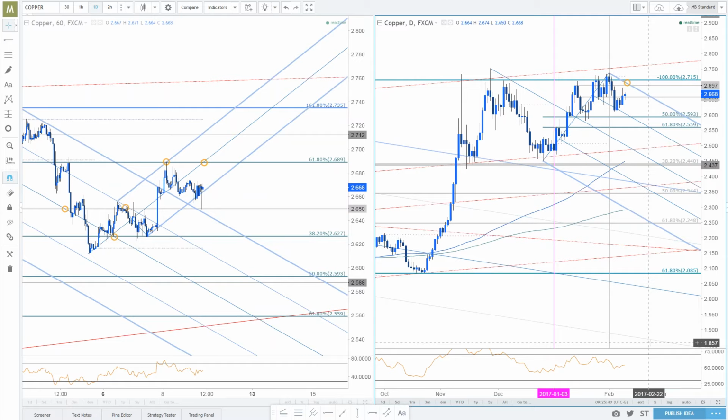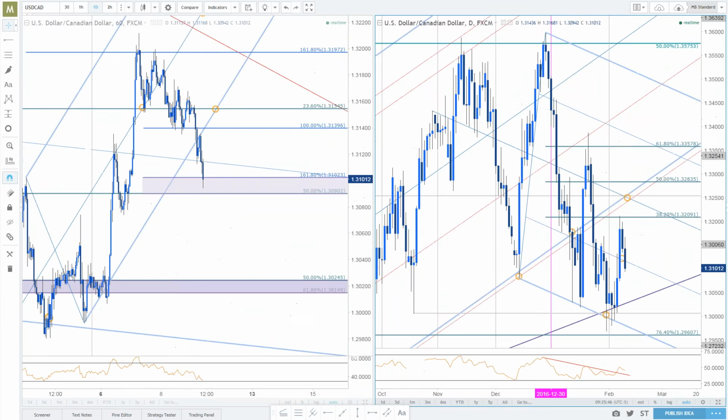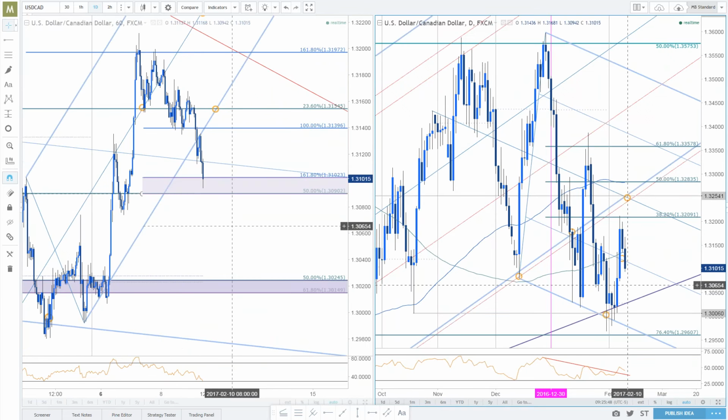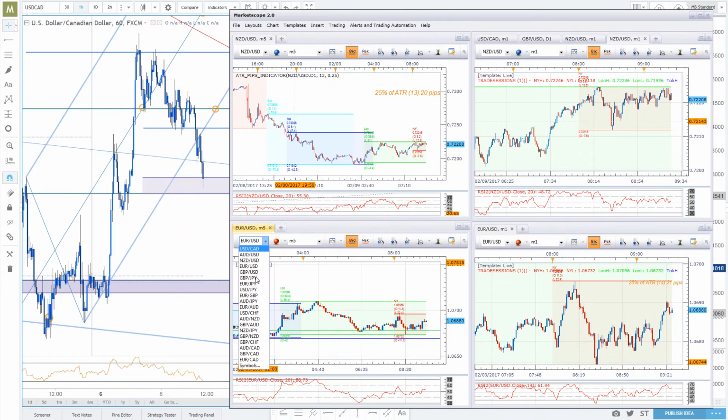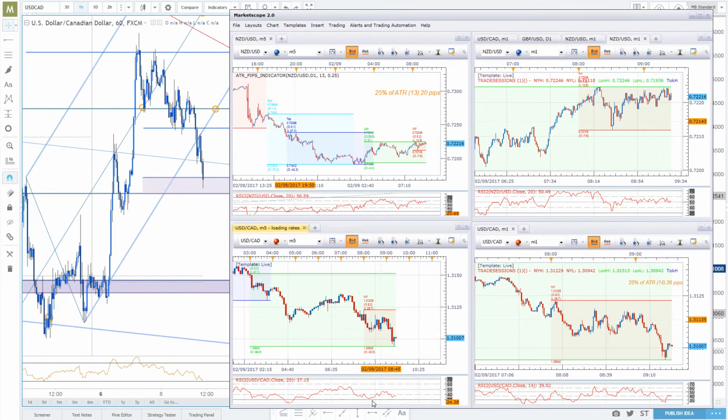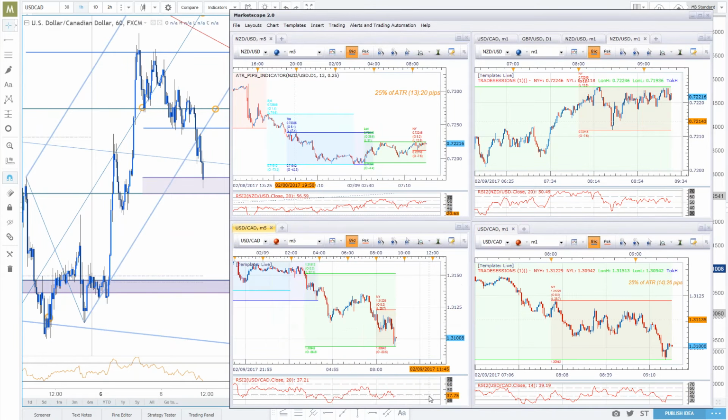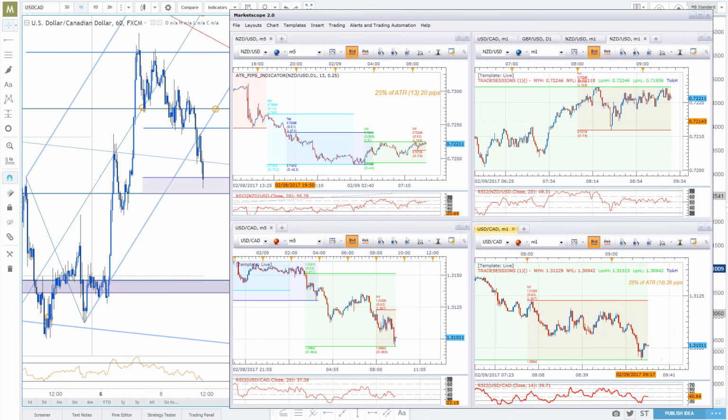So that's copper. David's saying dollar CAD near 130.90 right now. Yep, there's that pocket zone. Actually, it might be a decent entry. Let's see what it looks like. Dollar CAD. Divergence looks pretty good.